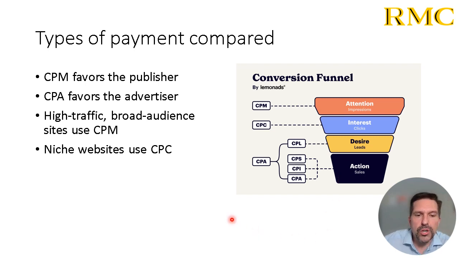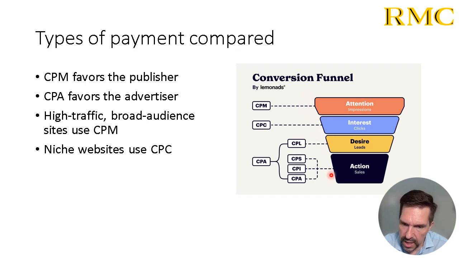So again, what you're typically going to find, although these are generalizations and there are exceptions, is that when you're looking for awareness type metrics or early in the customer journey, you're going to be focused mostly on CPM or VCPM metrics or fixed rate.